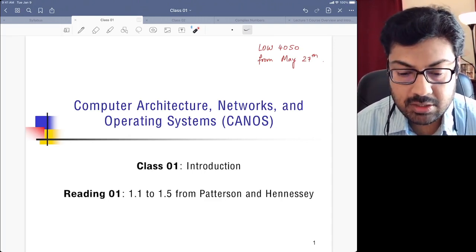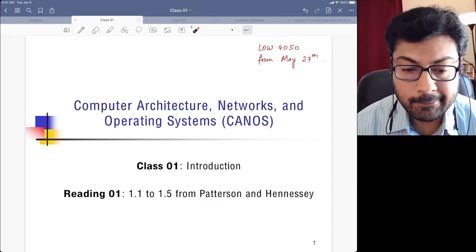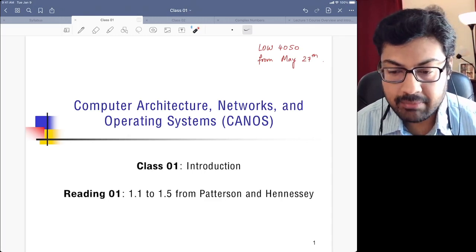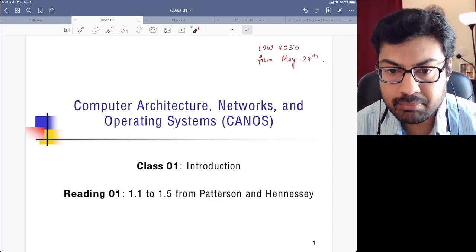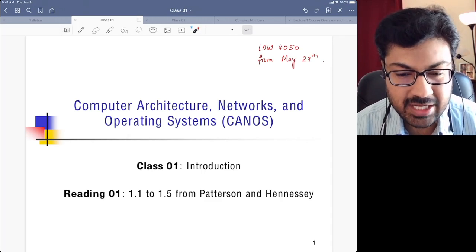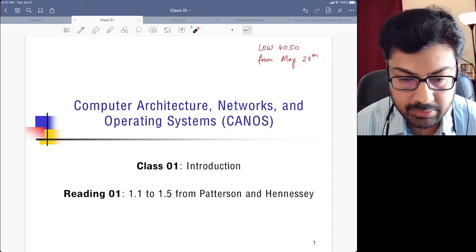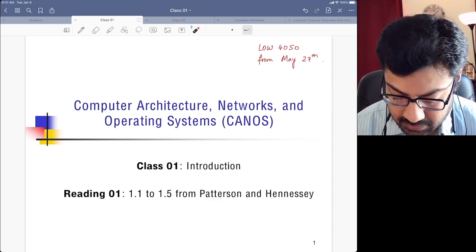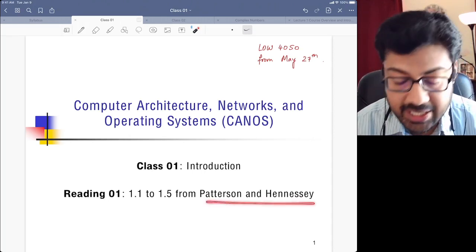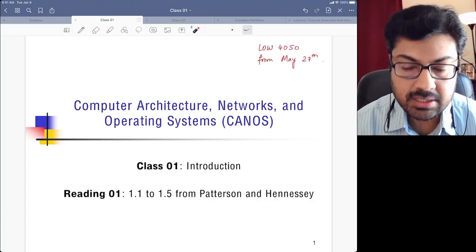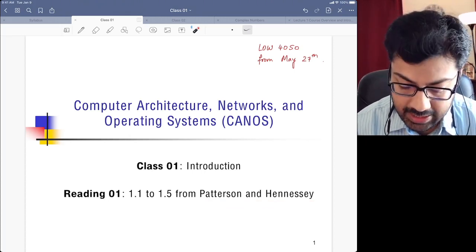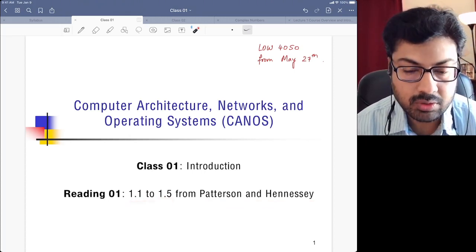So there are going to be several block diagrams that are pretty dense in the content. So for those kind of things, a textbook is going to be very, very handy to have. So the computer architecture textbook is Patterson and Hennessy, the 5th edition, and the reading for today is section 1.1 to 1.5.